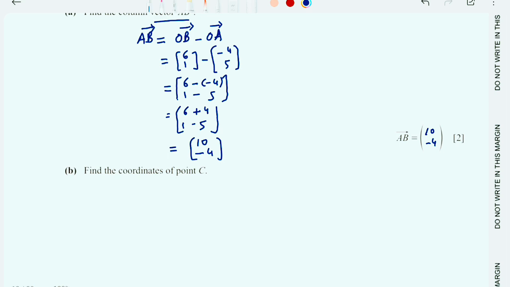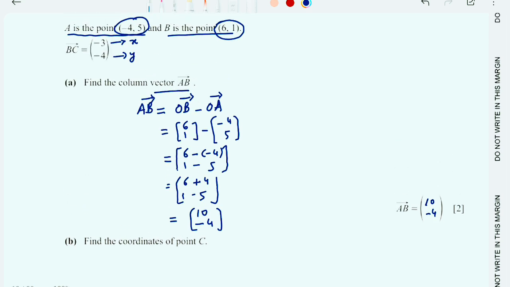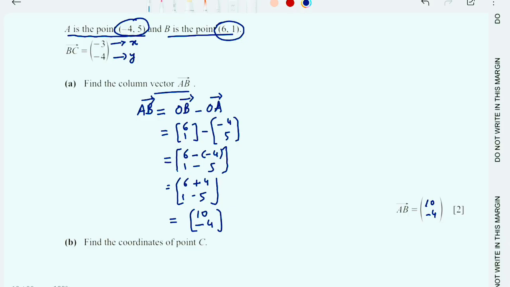Find the coordinates of point C. Now, by using the given column vector BC, that is (-3, -4), we would be able to find the coordinates of C, whereas the coordinates of B are given, (6, 1), and the position vector of B is equal to OB, that is (6, 1).